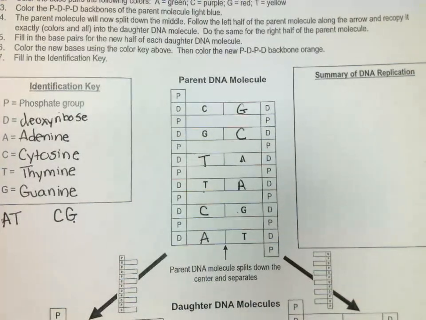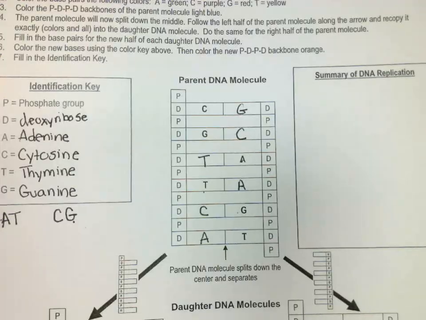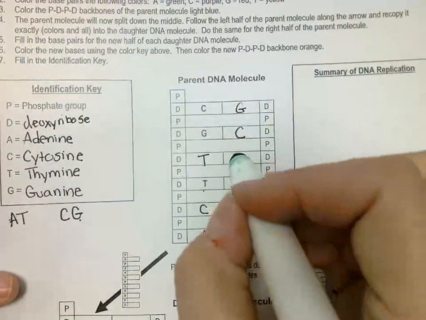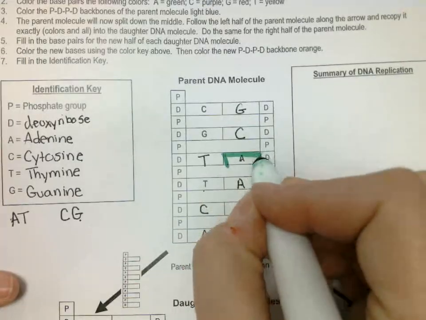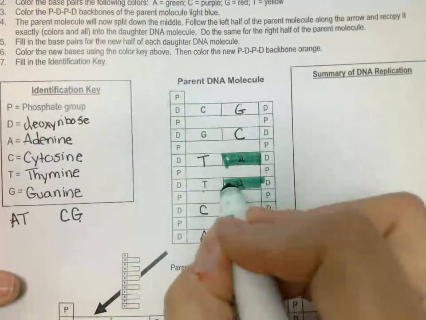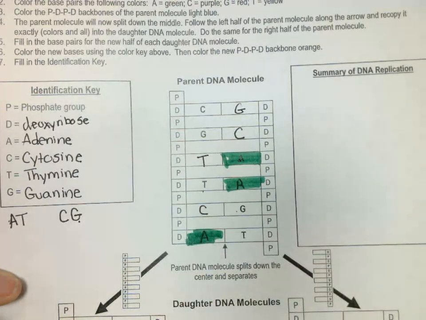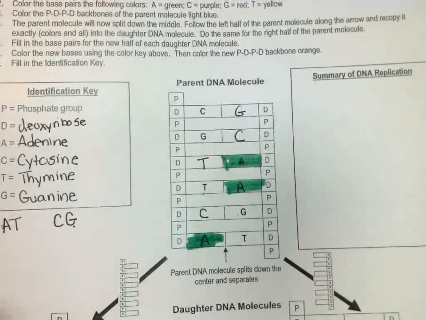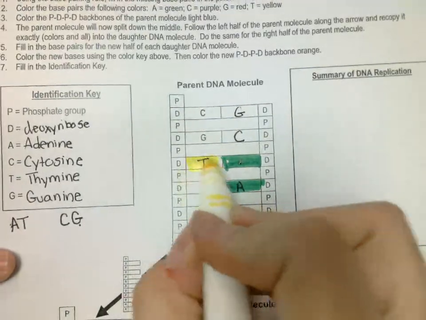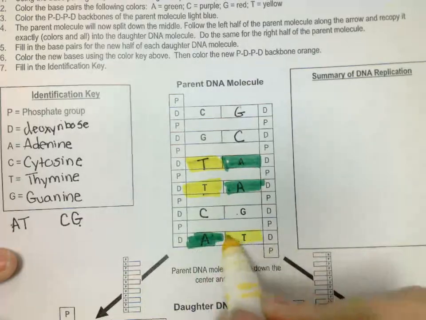Next, you need to color the base pairs in the following colors. On your sheet, every A you have will be green, so I'm going to color all my adenines green. Every thymine will be yellow. Your thymines should be next to your adenines.